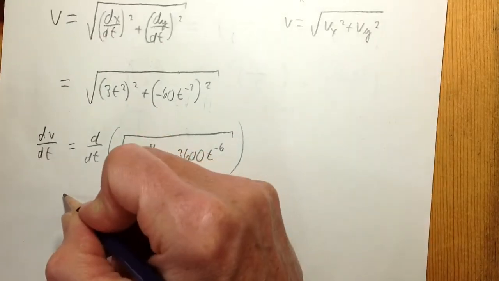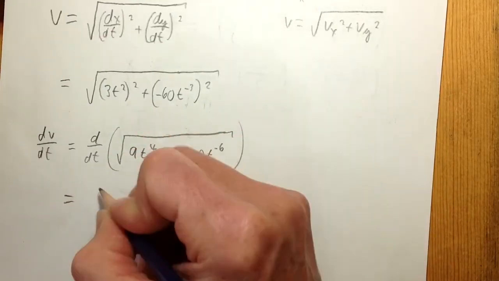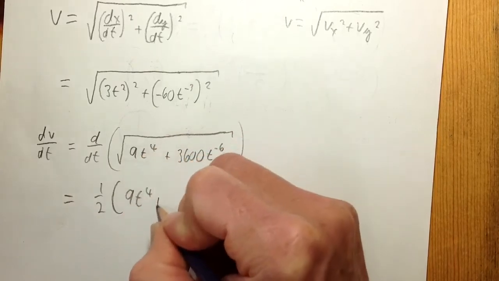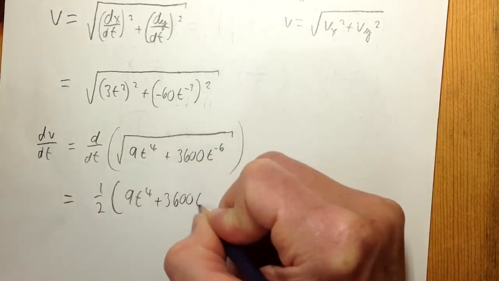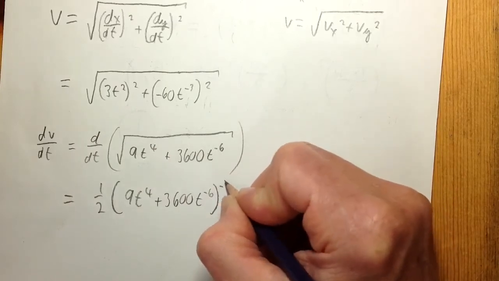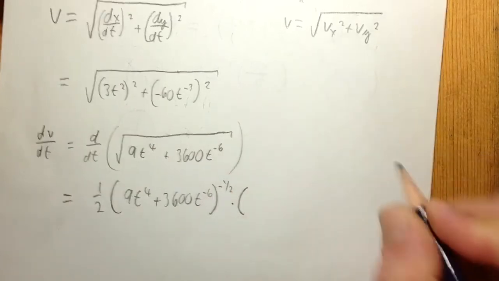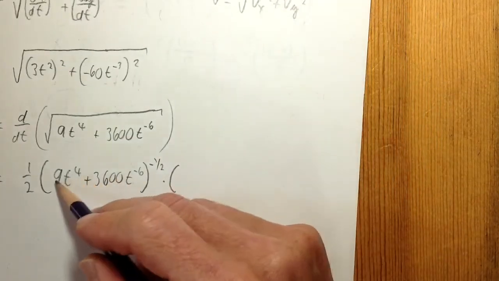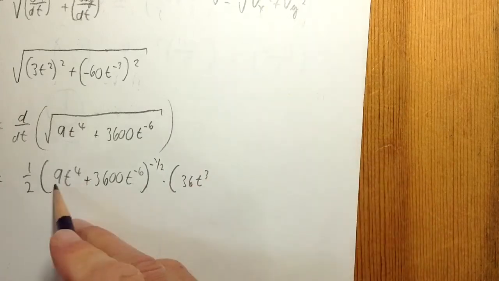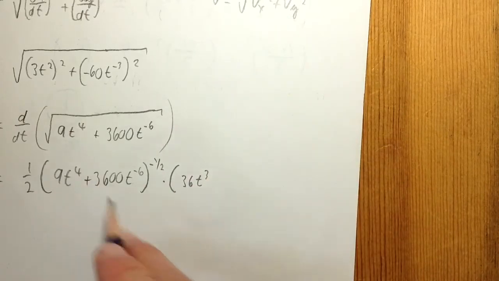Okay, so let's do it. The derivative of any square root is 1/2 times everything inside, 9t to the 4th plus 3600 t to the negative 6, to the negative 1/2, times the derivative of what's inside. So 4 times 9 is 36t to the 3rd. Take away 1, yep, that's right.